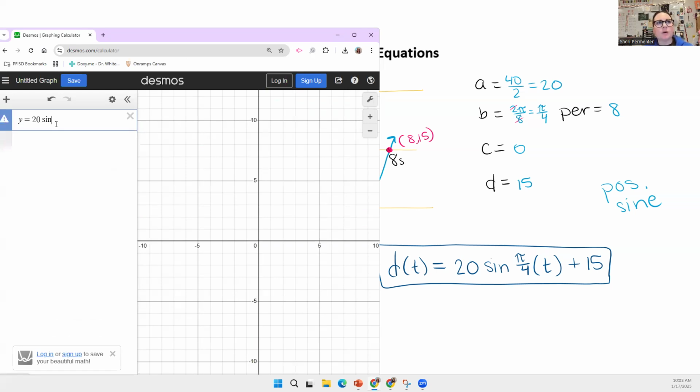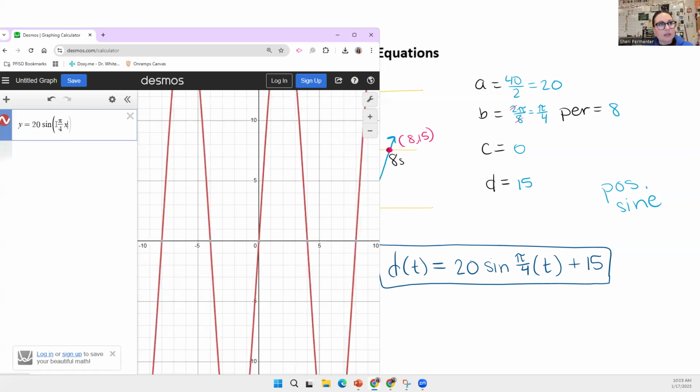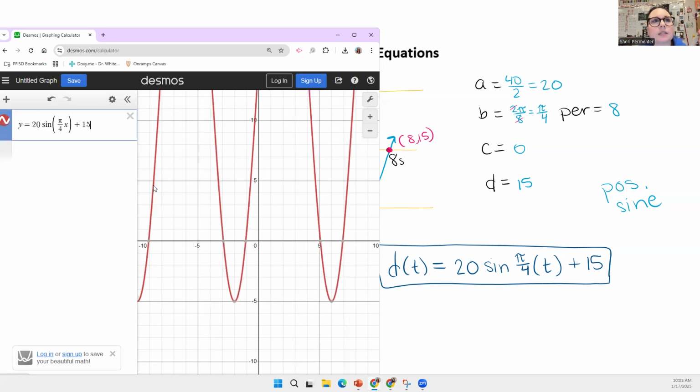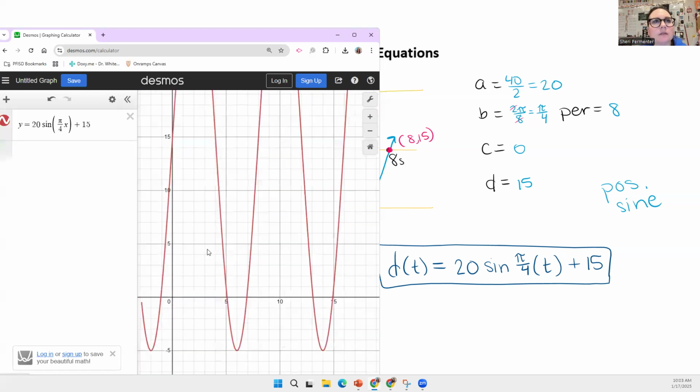You can type in the word pi and it changes it to the pi symbol. Divided by 4. Oh, I had to put parentheses around this. I remember I had a problem yesterday when I was checking it. Pi over 4, x, plus 15. All right, so I've got this graph.